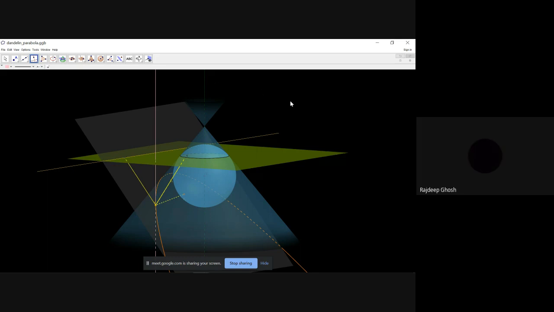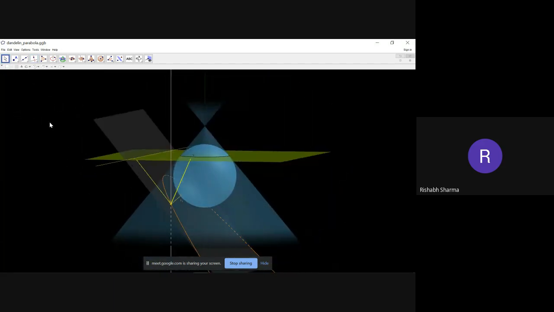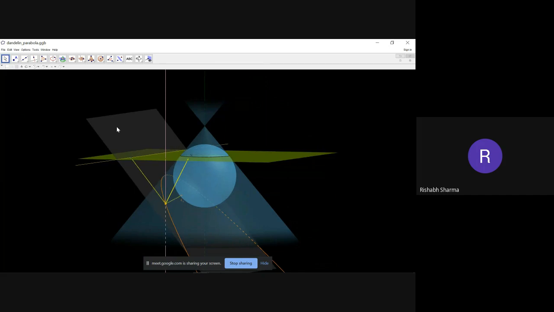Why? You could also say it this way: you drop a perpendicular from P onto the green plane, and that line has equal angles with both the yellow lines. Yes, exactly. What we're saying is this angle is equal to this angle.